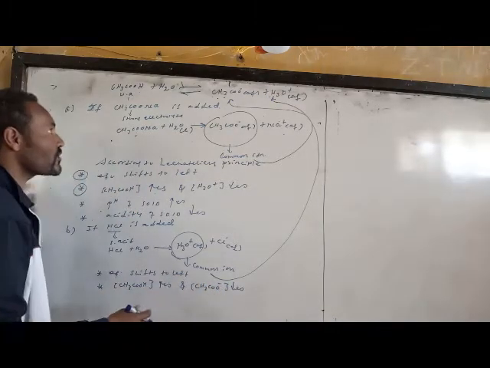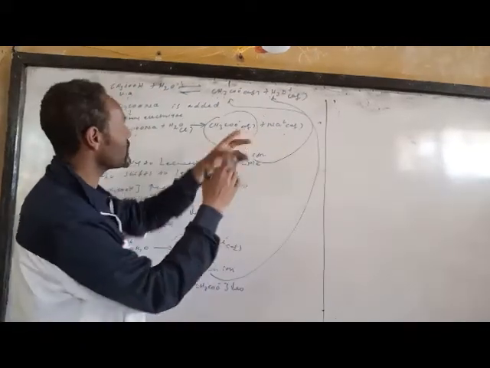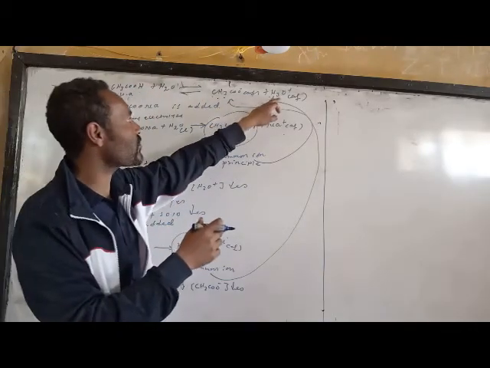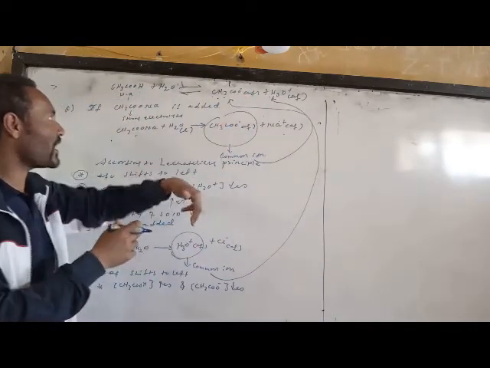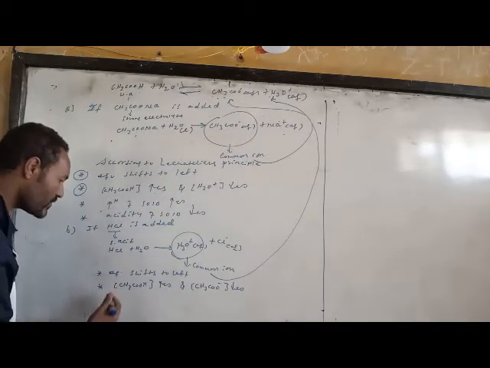It decreases because as the hydronium ion increases, it will react with acetate ion, forming acetic acid. So continuously the hydronium ion consumes the acetate ion, causing the reaction to go in the left direction.